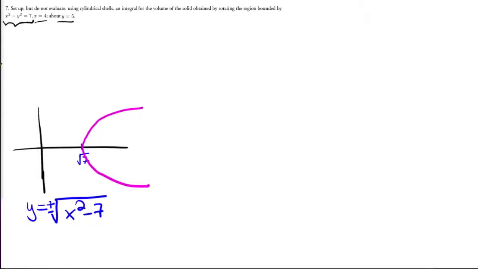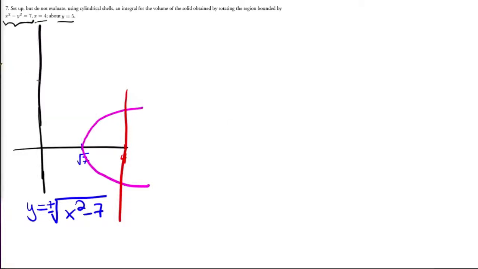Okay, and then we have x equals 4, which is just a vertical line, and I'm going to rotate this guy by y equals 5. So let me put that down here.